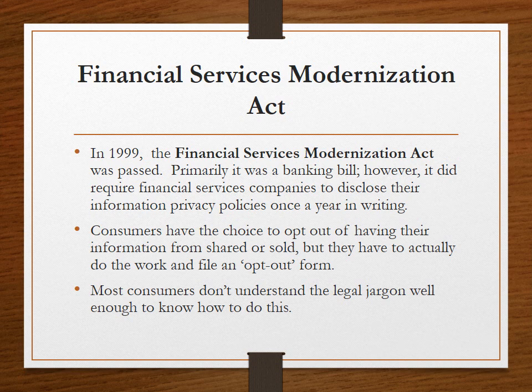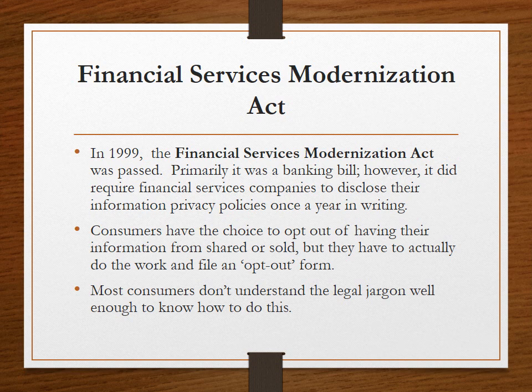Consumers have the choice to opt out of having their information from being shared or sold, but they have to actually do the work and file an opt-out form. And usually on the bottom of that brochure at the back, there's a little tiny 5-point font that says to opt out, mail a letter to this address.